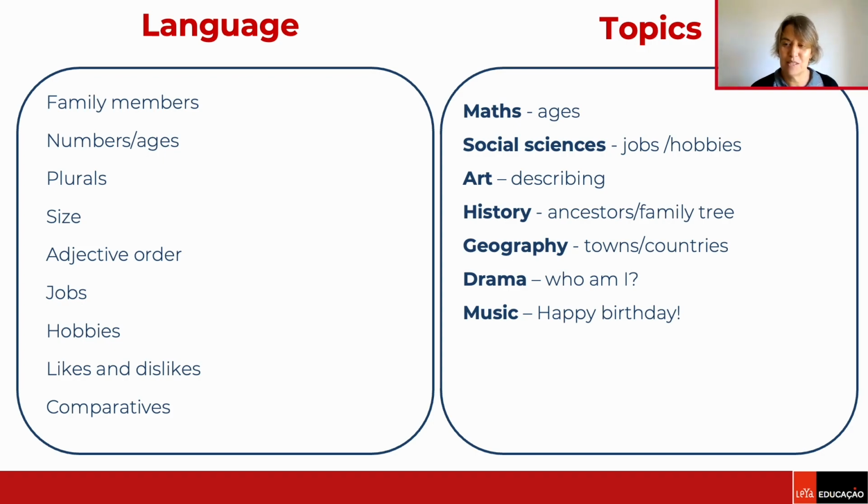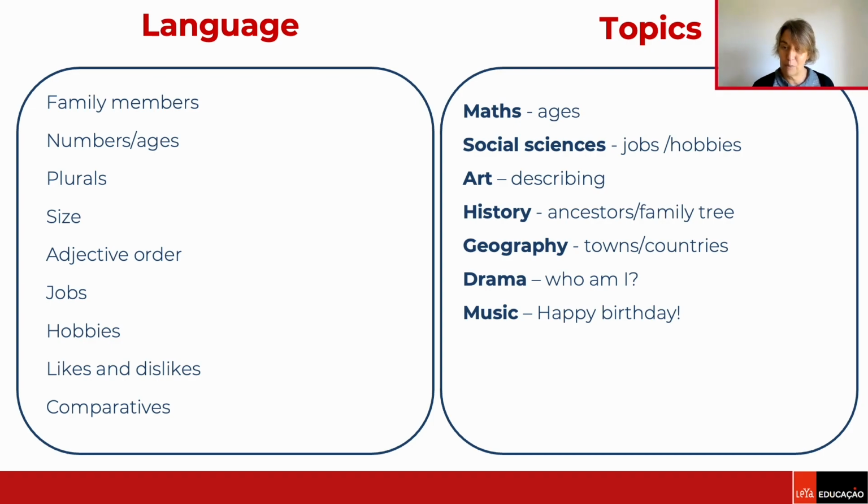In the same way as we did with food, we've got the different topic areas that link to different subjects. So comparing ages, maybe a graph or a survey in the classroom, coming up with all the different ages: most parents are between this age and that age. How many brothers and sisters everyone has in the class and so on.